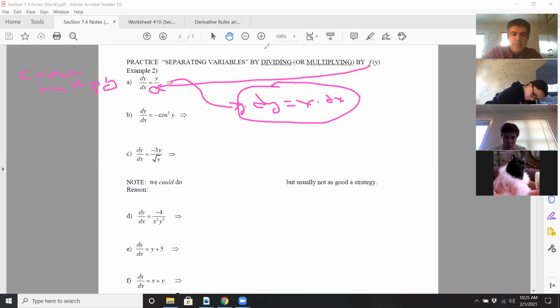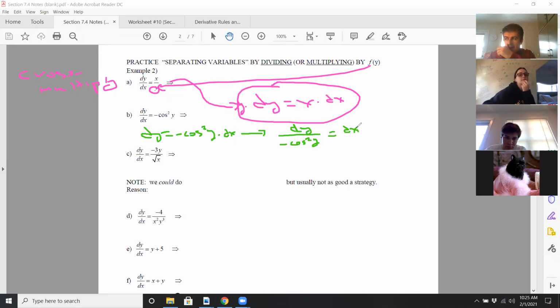Now in this case here, let me change colors for a bit of contrast. I'm going to divide both sides. Well, first of all, let's multiply both sides by dx. And then divide both sides by negative cosine squared y. So you have dy over negative cosine squared y equals dx.